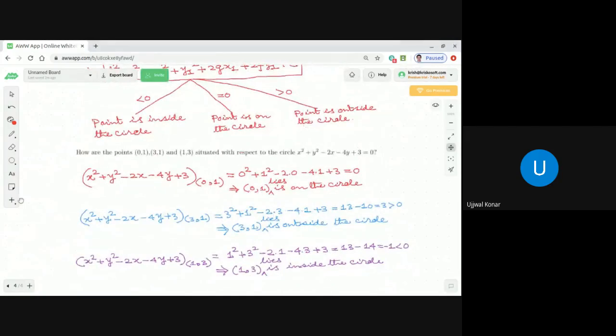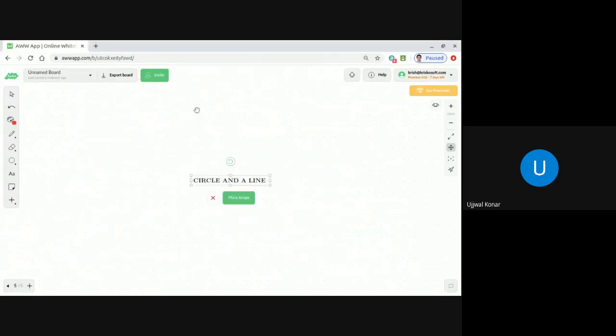So now let me proceed to discuss the next topic, that is how a circle and a straight line are positioned. In the previous topic, the equation of a circle is given and the coordinates of a point is given.